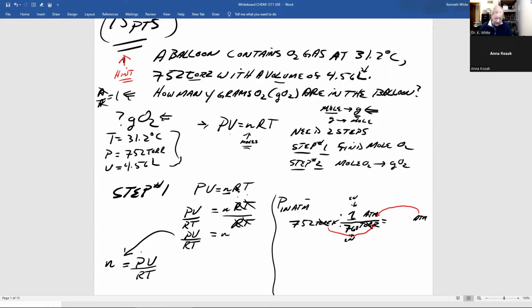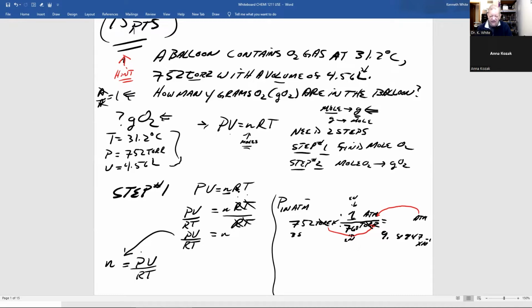And now I can pick up my calculator, make sure it's clear, and take 752 and divide it by 760. My calculator gives me 9.8947368 times 10 to the minus 1.